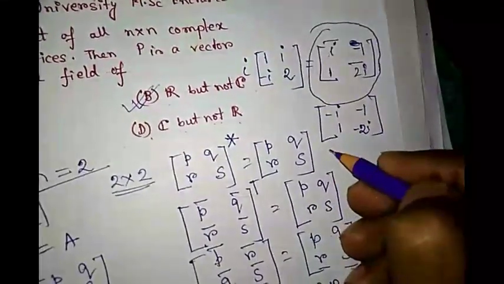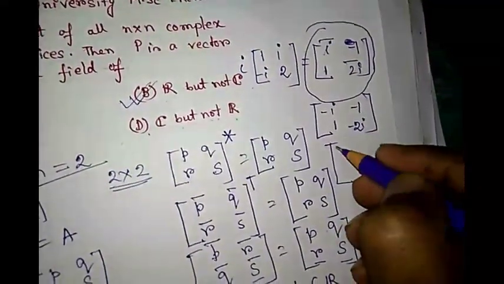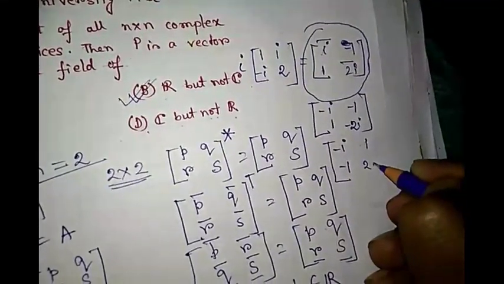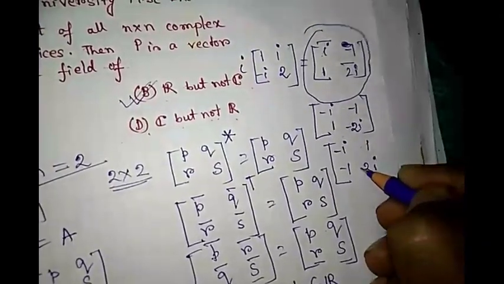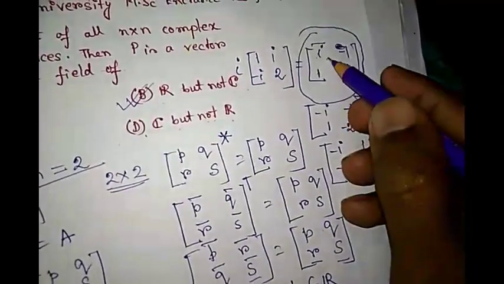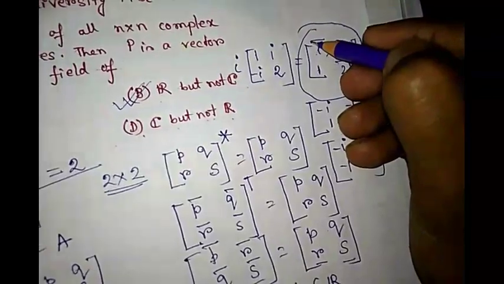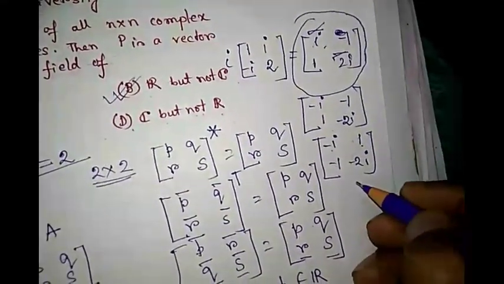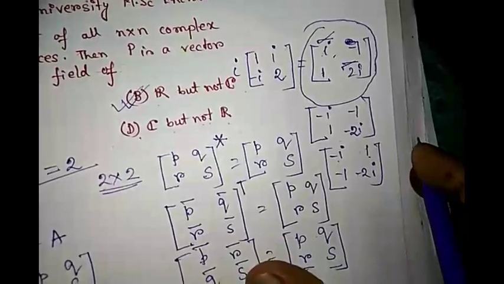Now if we take the transpose, the matrix will be minus i, 1, minus 1, 2, minus 2i. The previous matrix, before taking bar, was i, minus 1, and minus i, 1. So these two matrices are not the same, so this is not a Hermitian matrix.